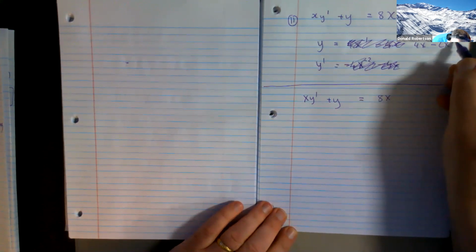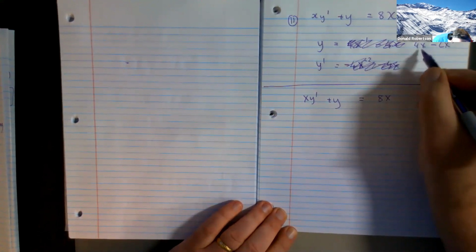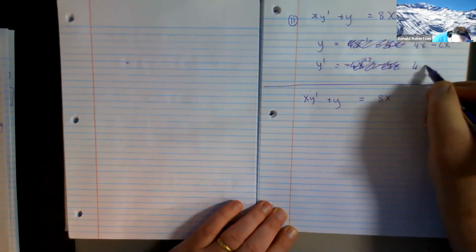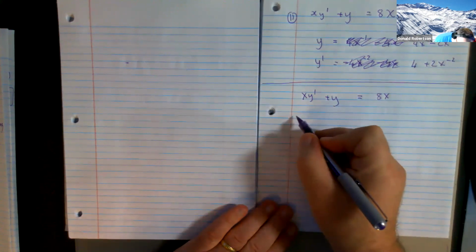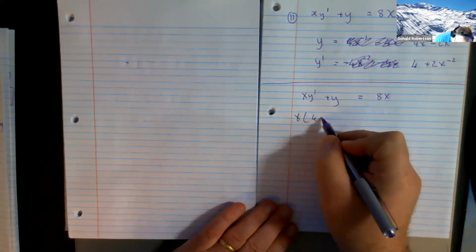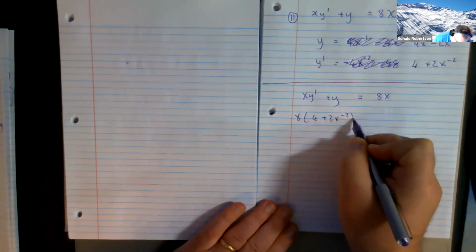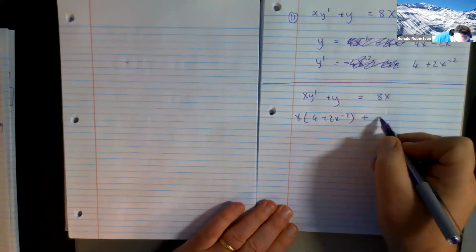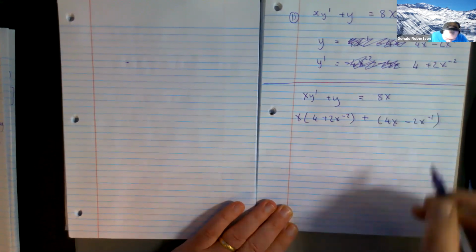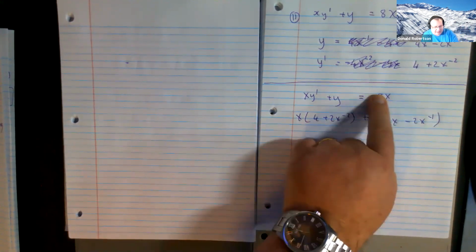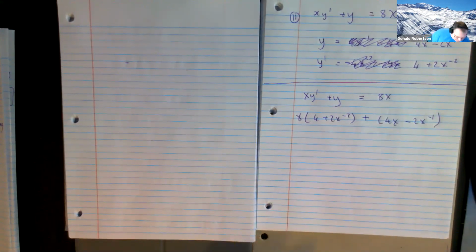Okay, so the derivative of that is 4. Multiply by the power and reduce it by 1 is that. Looking good? So we're going to take x y dashed, and add a y. And if all of that ends up being 8x, we are good to go.